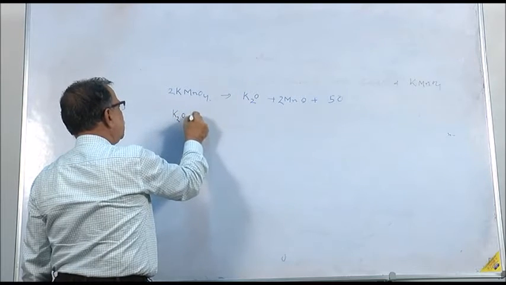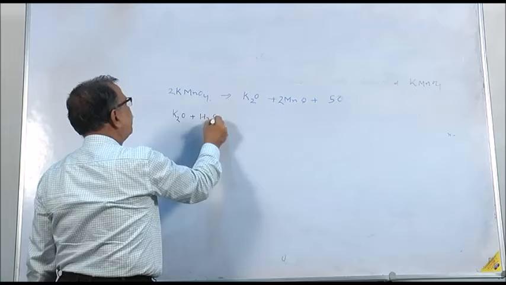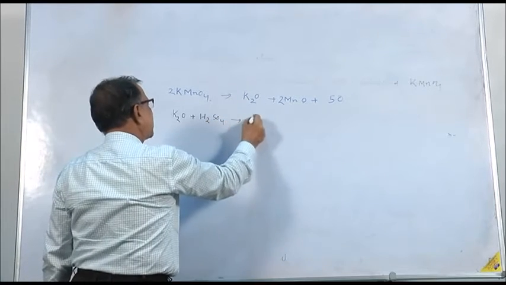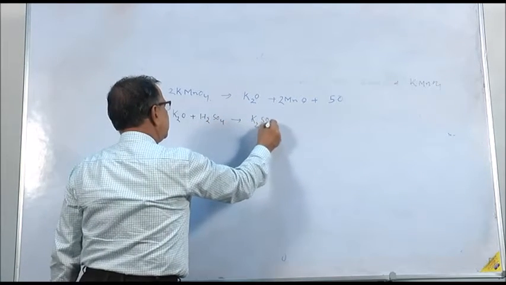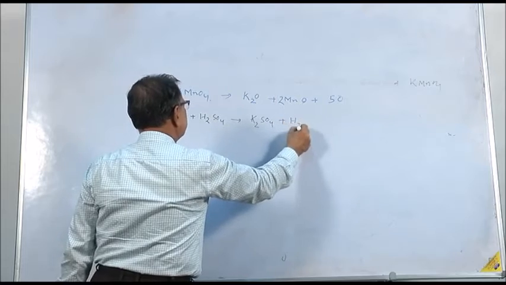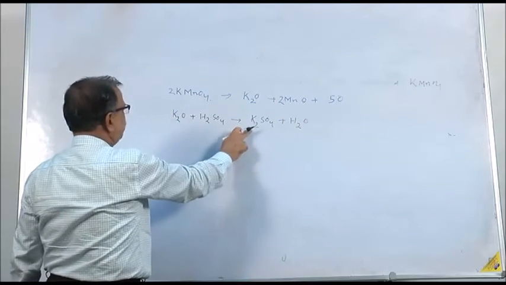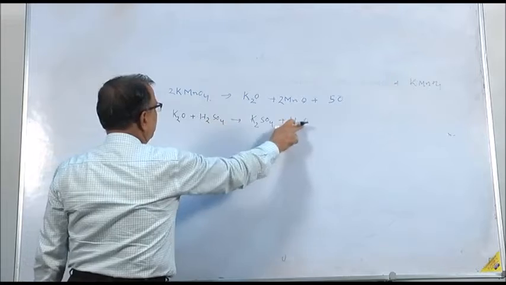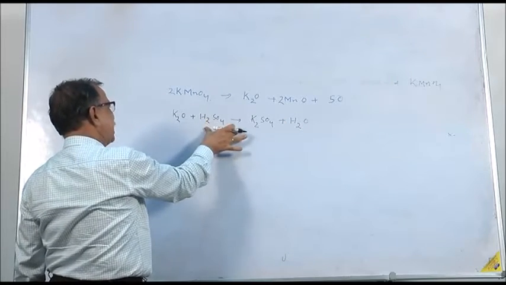K2O plus sulfuric acid gives potassium sulfate. We have to find out whether each part is balanced or not. Here 2K, 5O, 2H, so this part is balanced.